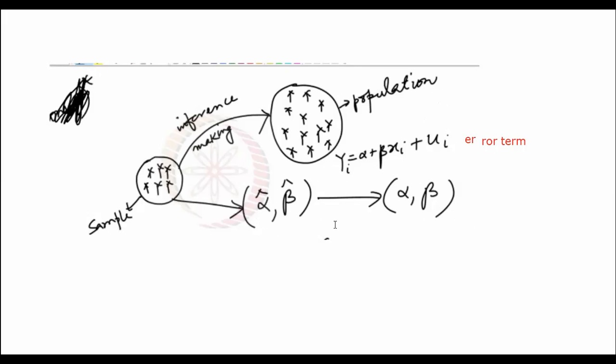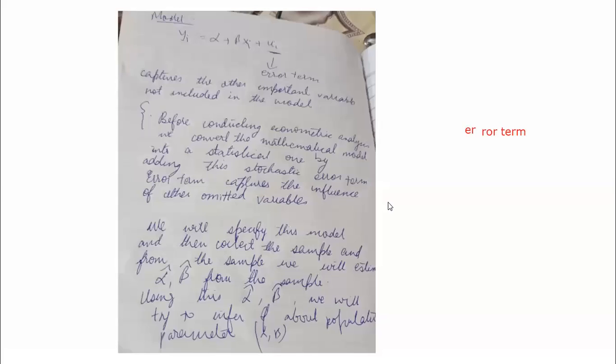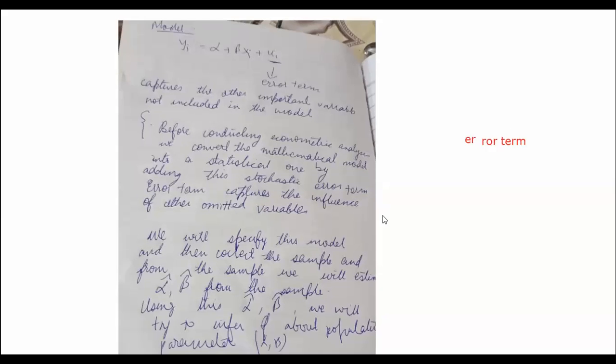So these alpha hat and beta hat we can call sample statistics, meaning these are sample counterparts of the population parameters. We apply econometric tools on the sample, and we get alpha hat and beta hat. Then, using these as a basis, we infer alpha and beta about the entire population, right? So I have written this in my language. My handwriting is not good.